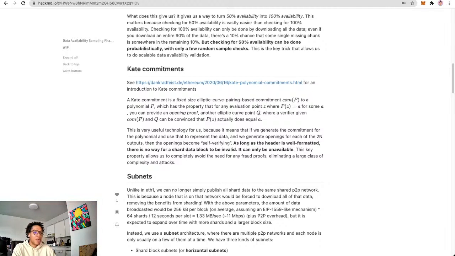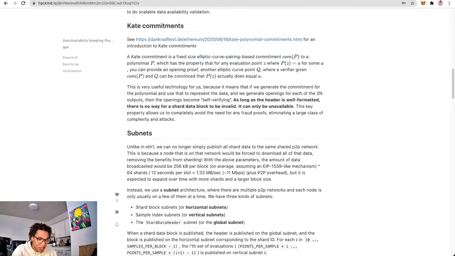This key property allows us to completely avoid the need for any fraud proofs. Okay, so yes, by having validity proofs, I guess you don't need fraud proofs because you're unable to have fraud: either something is valid and it's there, or it is invalid and unavailable. There'd be no way to actually use the invalid state because it wouldn't show up, I guess.